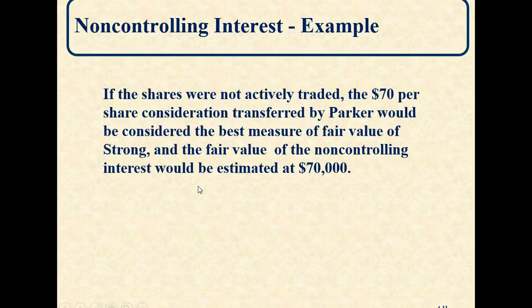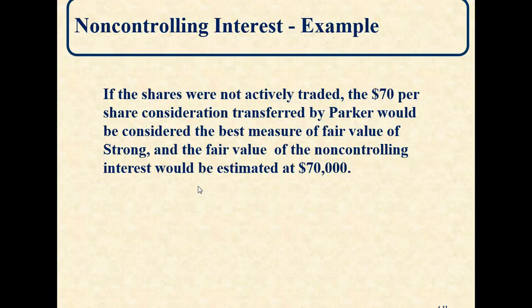If the shares were trading for $70 a share, that would be the fair value. But since they're not actively trading for $70 a share, if the shares were not actively traded, the $70 per share consideration transferred by Parker would be considered the best fair value, and the fair value of the non-controlling interest would be estimated at $70.